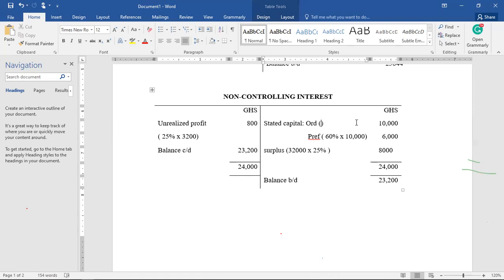How much is the profit after tax of the subsidiary? How much is the profit for the year for the subsidiary?